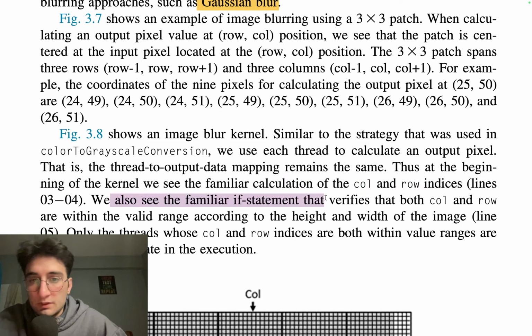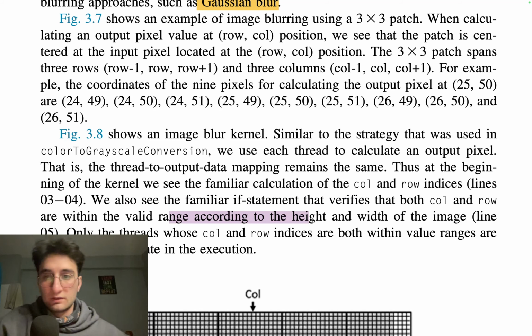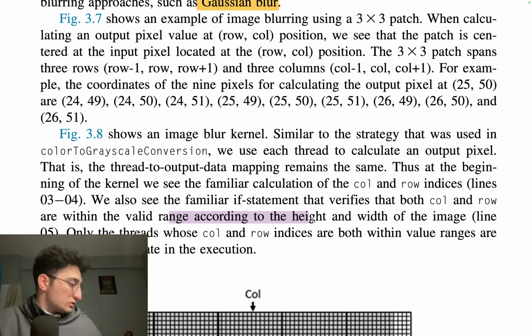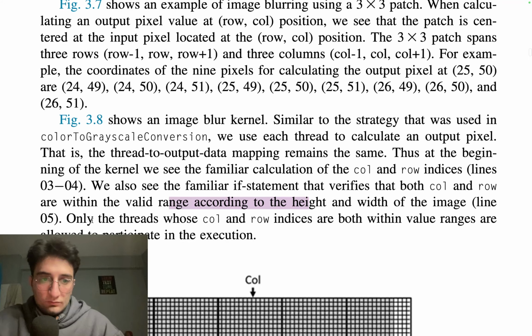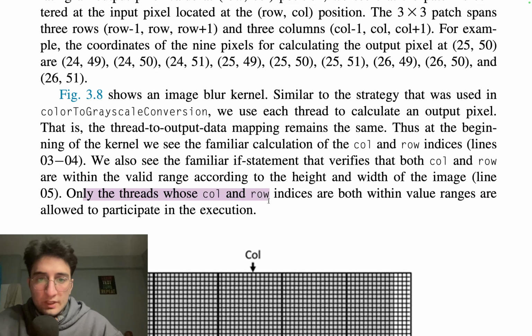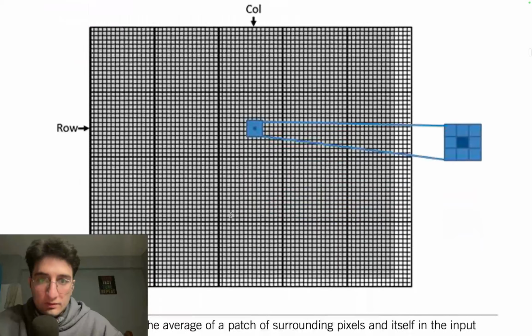We also see the familiar if statement that verifies that both column and row are within the valid range according to the height and width of the image. Only the threads whose column and row indices are both within valid ranges are allowed to participate in execution.